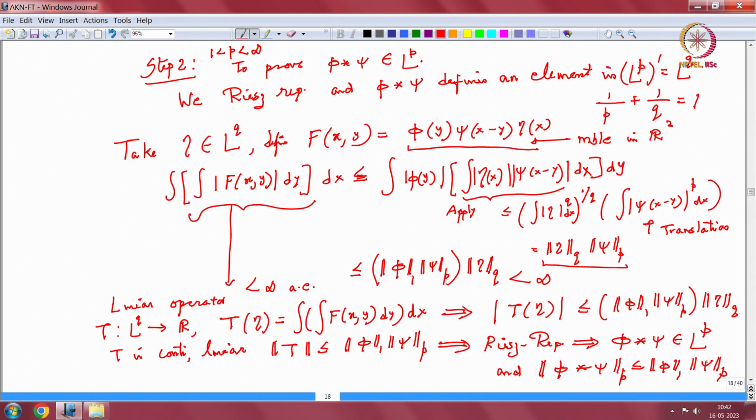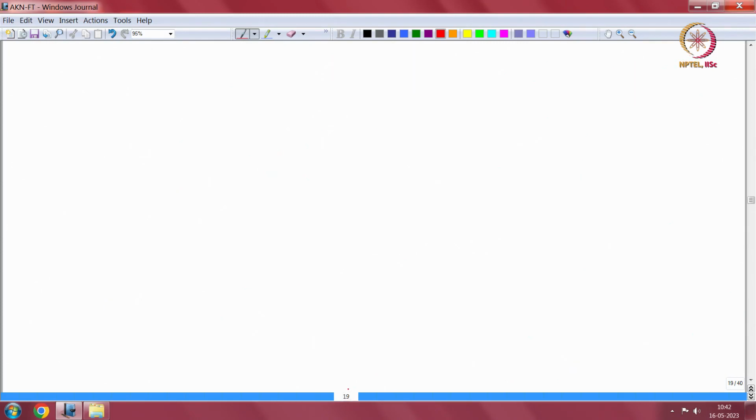So, that is all some elementary functional analysis and application. It is a very good application of your duality of LP and LQ. Okay. Yeah, that completes that proof.